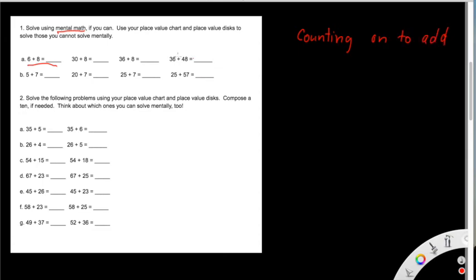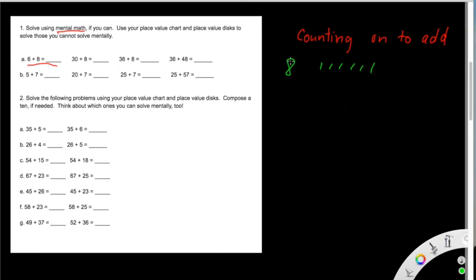We always put the larger number in our head and count on. So 6 and 8, which one is larger? 8 is larger, so we put 8 in our head. And how many more are we going to count on? 6. 1, 2, 3, 4, 5, 6.